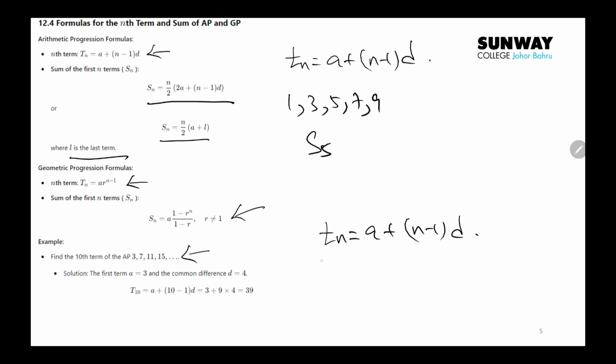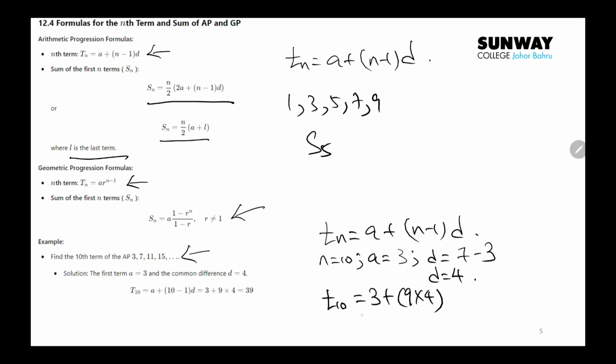So n equals 10, a, the value of the first term, equals 3, and d, the common difference, is 7 minus 3, so d equals 4. Substitute: T10 equals a plus (n minus 1), which is 9, multiplied by 4, so the answer is 39.